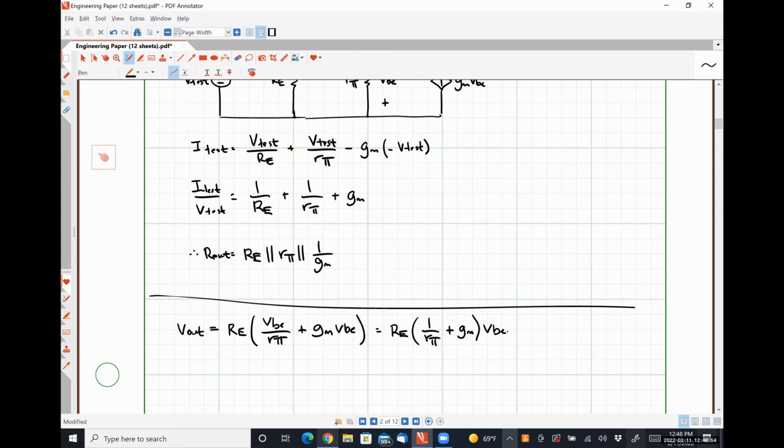So we know that GM times R pi is equal to beta, right? We used that before, I believe. Let me just double check to make sure I'm not talking out my butt here. Yeah, GM times R pi is equal to beta.